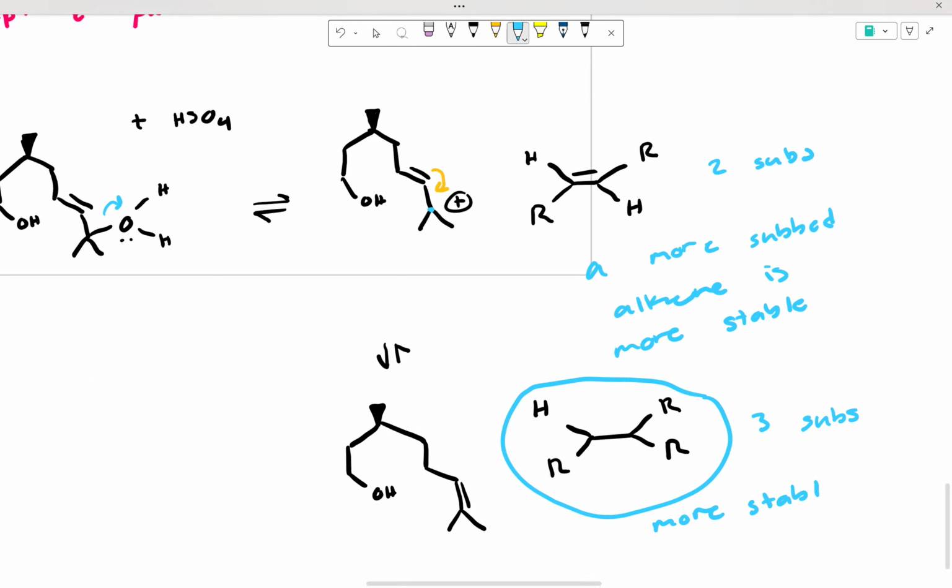So our molecule is going to spontaneously undergo a 1,2 hydride shift to make a more stable alkene.